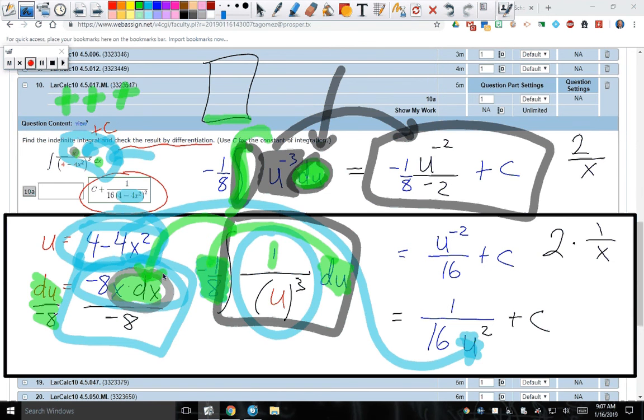This is why we're substituting. Just like you did with systems of equations a long time ago when you did substitution. A lot of us did elimination because it's faster, but when you did substitution, it's the same thing. You're plugging in something for a different variable to make it all a different variable or the same variable. Okay?